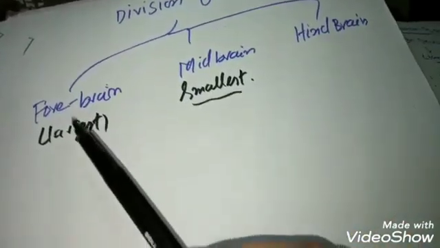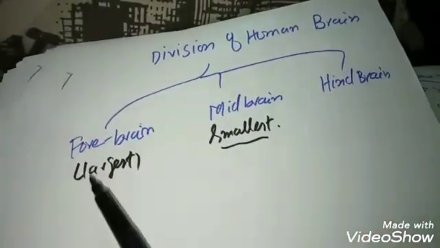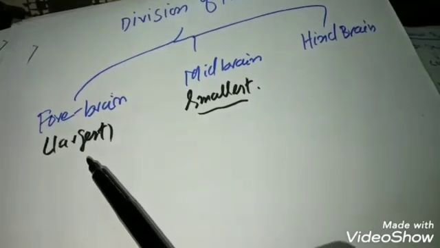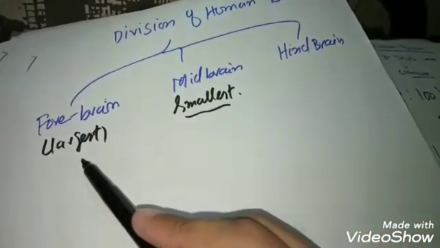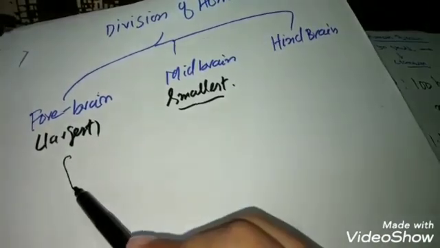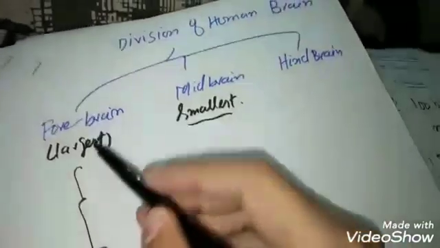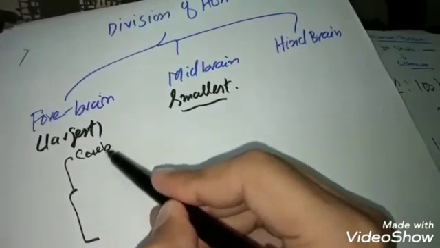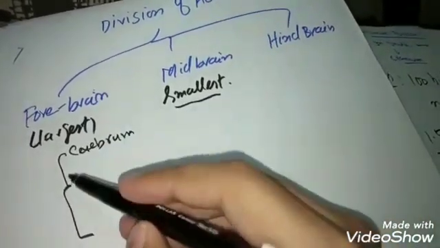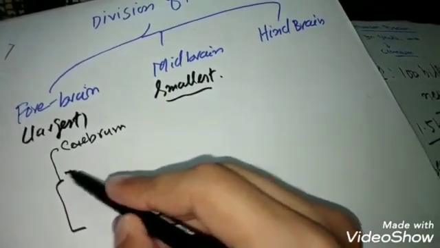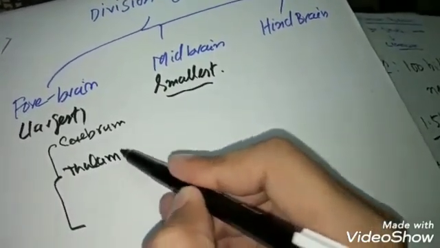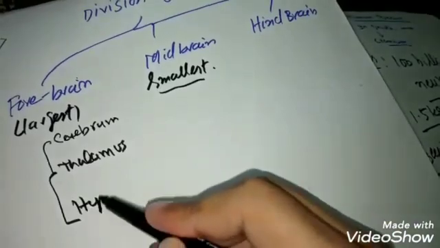There are three main divisions of the human brain: forebrain, midbrain, and hindbrain. The forebrain is further divided into three divisions: cerebrum, thalamus, and hypothalamus.